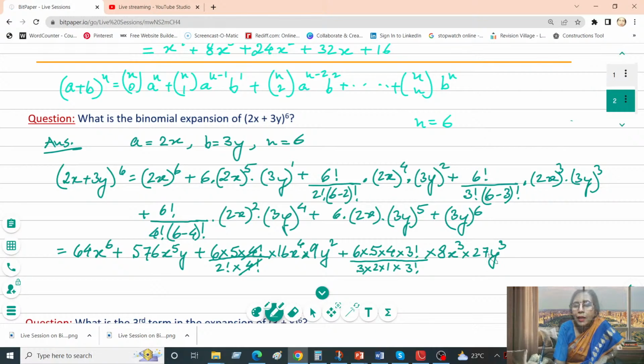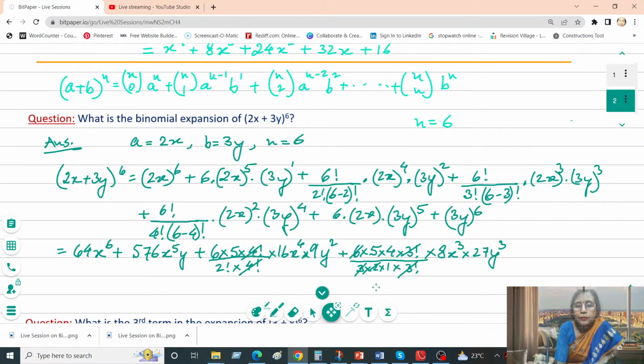Okay, I think I will be needing the calculator, because I can do it manually, but it will be taking quite a lot of time. And I can cancel these two, and I can cancel these as well. Okay.